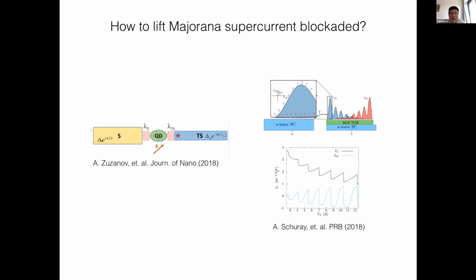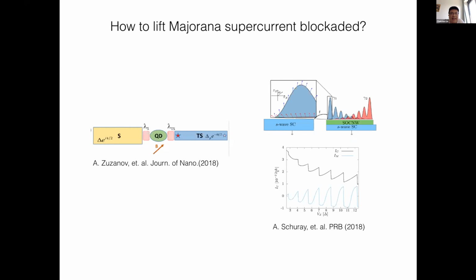So in the second proposal, people consider a finite length topological superconductor, so that the faraway Majorana can also have some weight in the wave function near the junction, so that the Cooper pair can tunnel into the second Majorana.